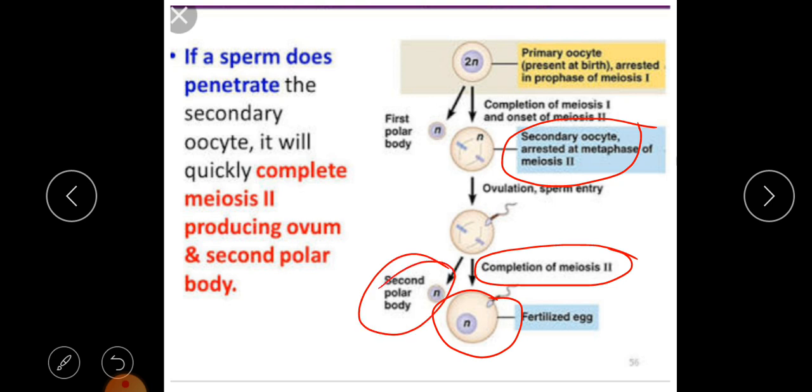If the first polar body is not degenerated, it also undergoes meiosis II and forms 2 polar bodies. Here we see the 3 non-functional polar bodies, and the one oocyte that is going to form the functional cell. So this is all about the oogenesis process.